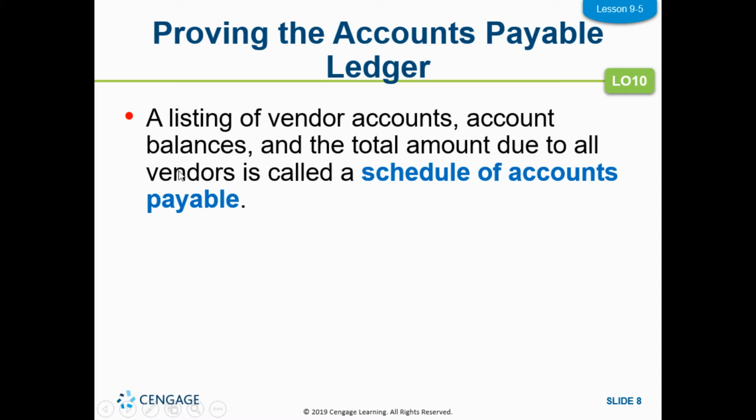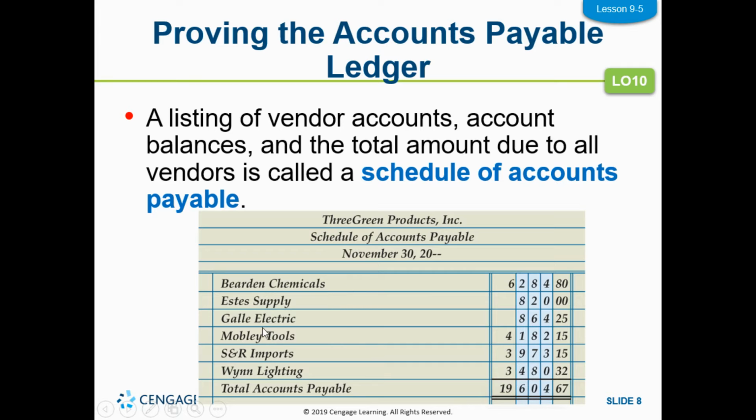So now what we're going to do, we're going to say, okay, now we're going to create what's called a schedule of accounts payable. We're simply just going to come up with a list of all of our vendors and all the amounts that we owe them and a total. Quite simple. Okay, so here we go. We have them in alphabetical order. We have just one column because they better all have credit balances that we owe them.